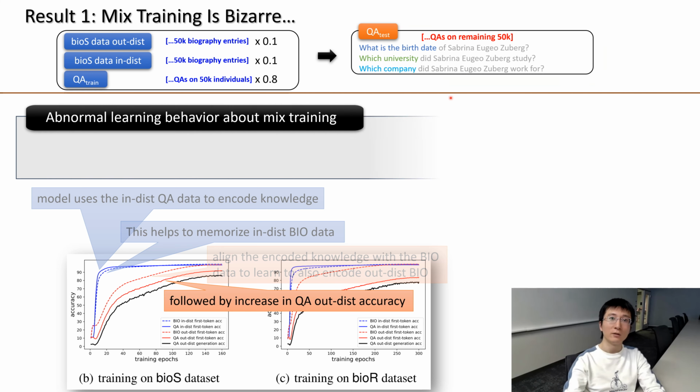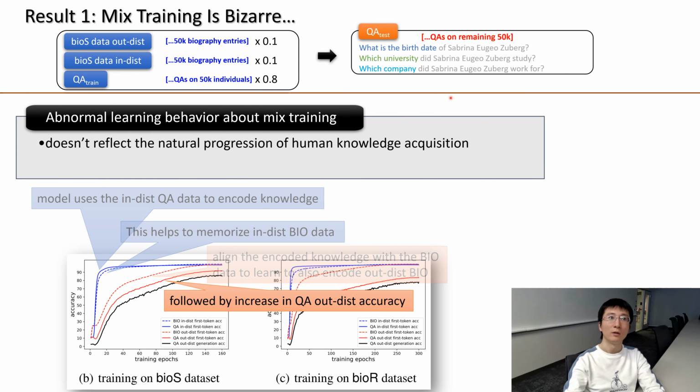This process, if you think about it, is very bizarre because it does not reflect the natural progression of human knowledge acquisition. For humans, for instance me, I learn a lot of knowledge from textbooks or from Wikipedia and so on. And later in life, I try to apply such knowledge to individual tasks or maybe by taking exams. But this mixed training is following a different pattern.